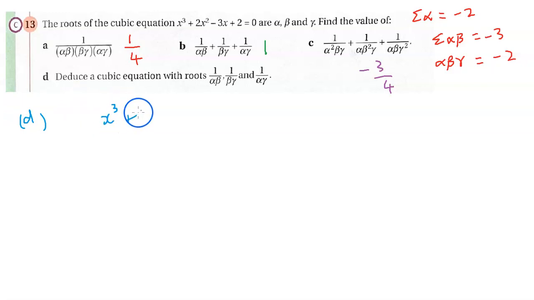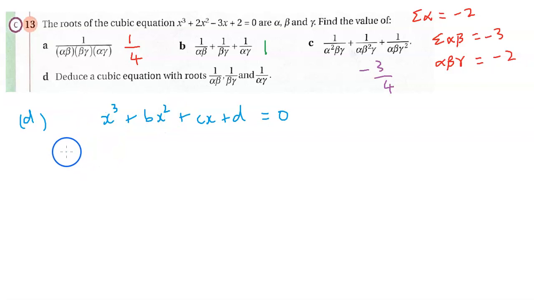X cubed plus b x squared plus cx plus d, and we set it equal to 0. Then we know that the sum of our roots is negative b divided by a, which is 1 in this case. We can choose our a because there are actually infinitely many polynomials equal to 0 that have these 3 particular roots, depending on what your choice of a is. So it's simplest to make a 1, of course.